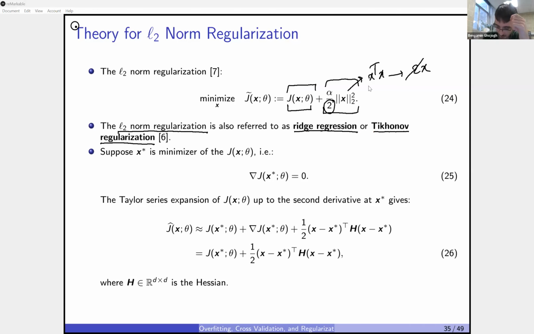Suppose x star is a minimizer of the J, the empirical error.